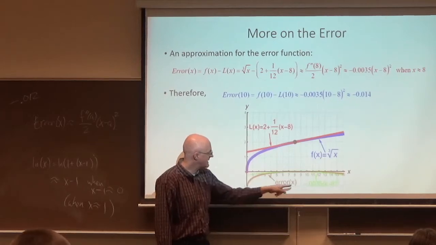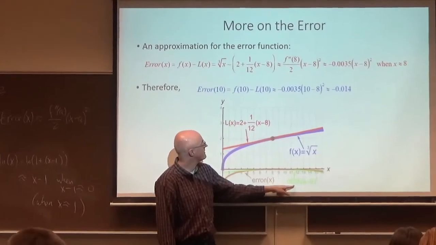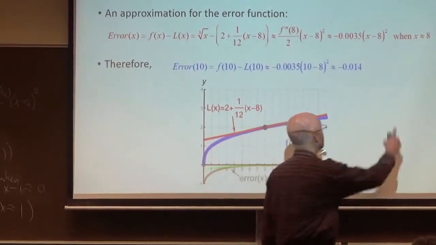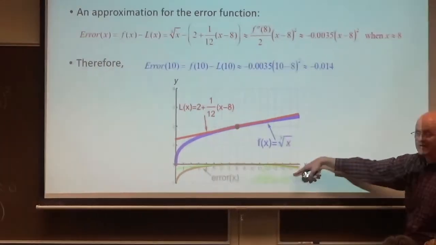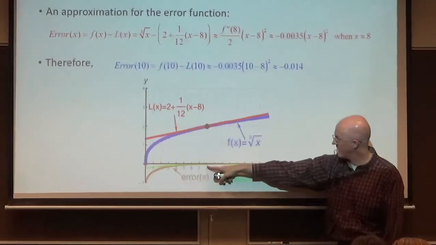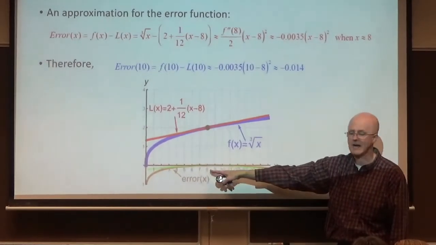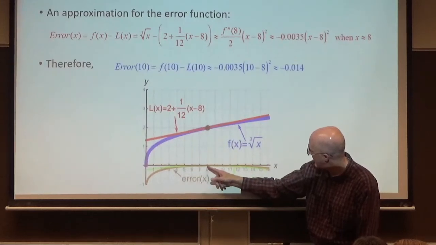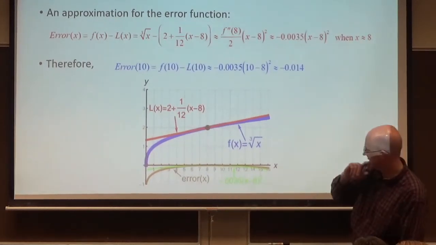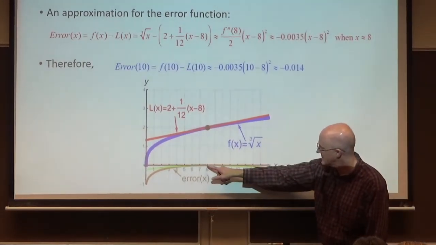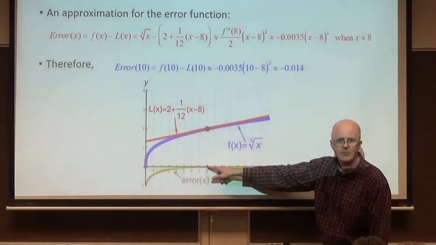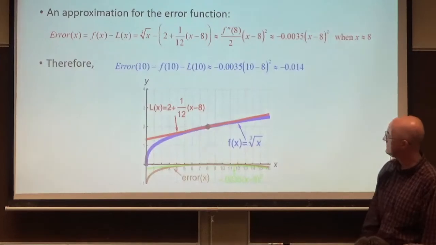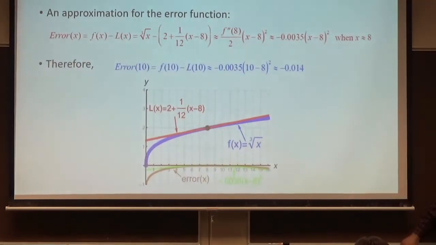And the green graph is this quadratic, negative 0.0035 times x minus 8 quantity squared. You can see the brown and green graphs are pretty close together when x is close to 8. They would actually go through 0 right there, when x equals 8, even though it doesn't quite look like it. Which makes sense. Plug in 8 there, you get 0. Okay.